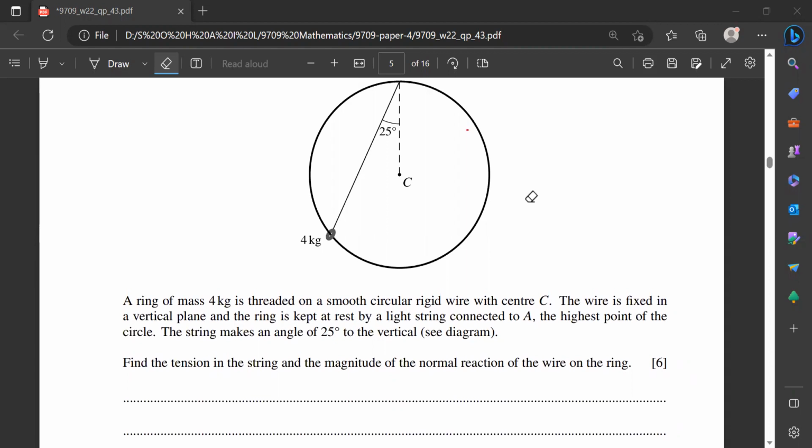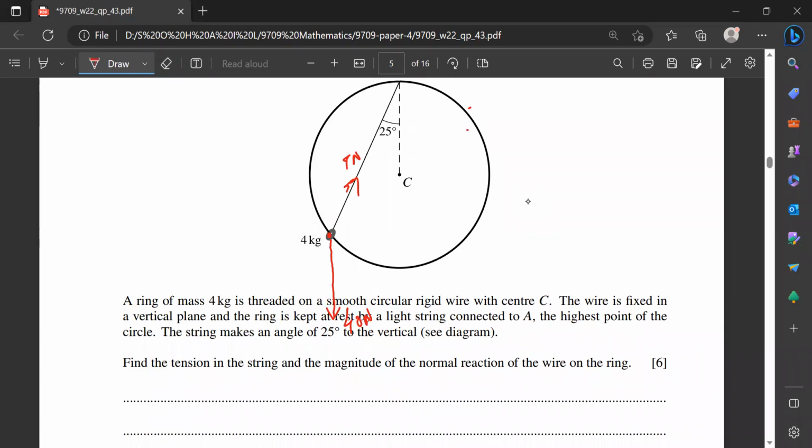So, relative to the ring, the weight of the ring is 40 newtons. Relative to the ring, the tension is here in the wire. This ring is actually touching this big circular wire at this point, and the reaction would be at this particular point.